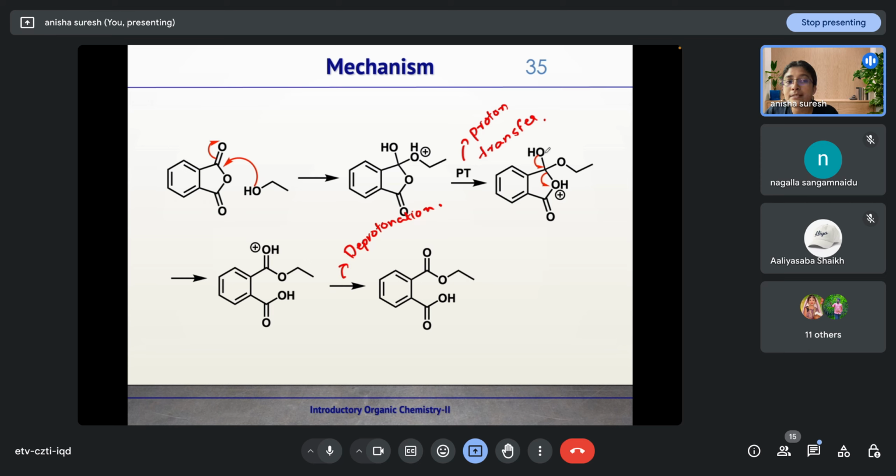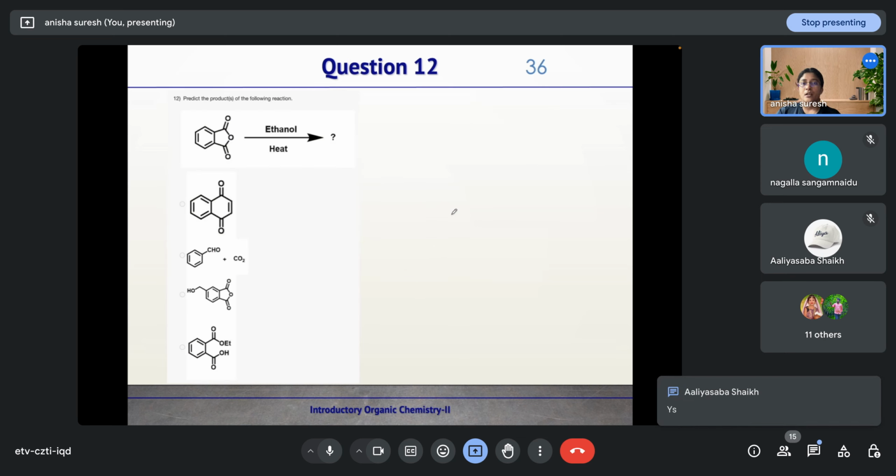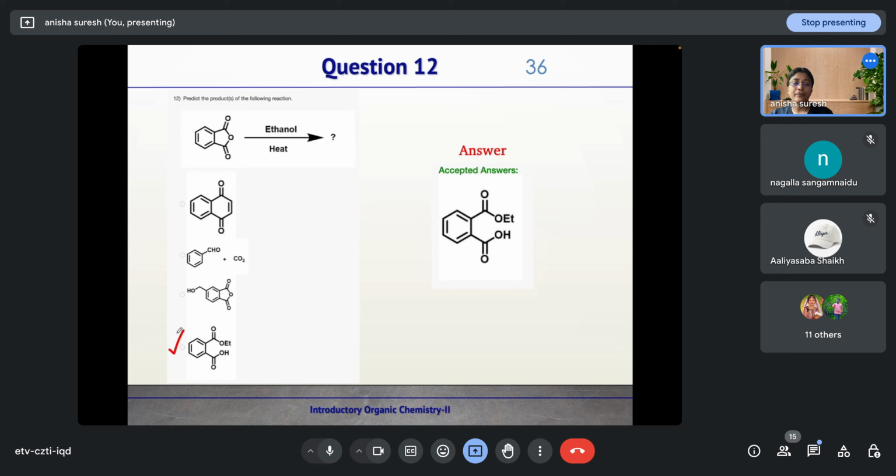Then once this O minus falls back, this bond will break and we will get a carboxylic acid here. And upon deprotonation, we will get the final compound, which is the major product. Clear? Okay. So the answer is option D.